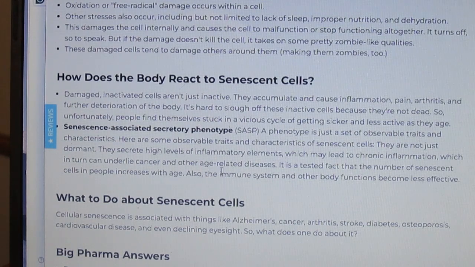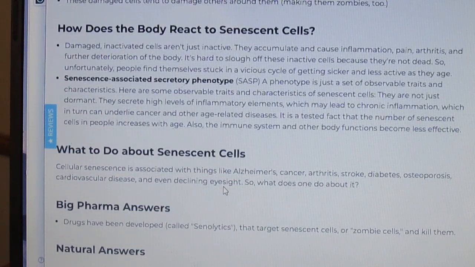They secrete high levels of inflammatory elements, and that can lead to chronic inflammation, which can in turn underlie things like cancer and other age-related diseases. And this is a tested fact that the number of senescent cells in people increases with age. Also, the immune system and other body functions become less effective the more senescent cells you have.